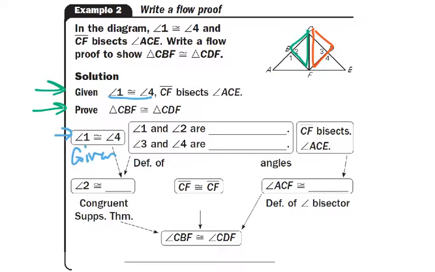Now, if we look, we know that angles 1 and 2 are supplementary, okay, because they form a linear pair. And we know that angle 3 and 4 are supplementary, again, because they are a linear pair. So it says definition of supplementary angles, but it's actually linear pairs are supplementary.